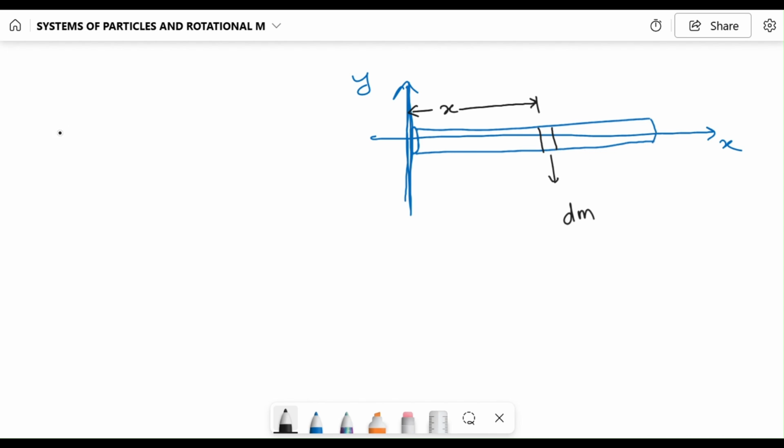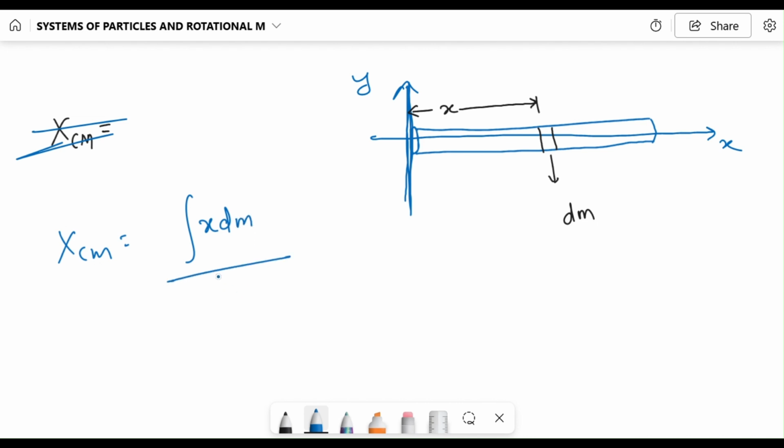And now we can do one thing. If we want the x cm for this one, we will have to integrate such dm multiplied with x. Better to write it in this way: x cm equals this one, and the whole divided by the integration of dm.